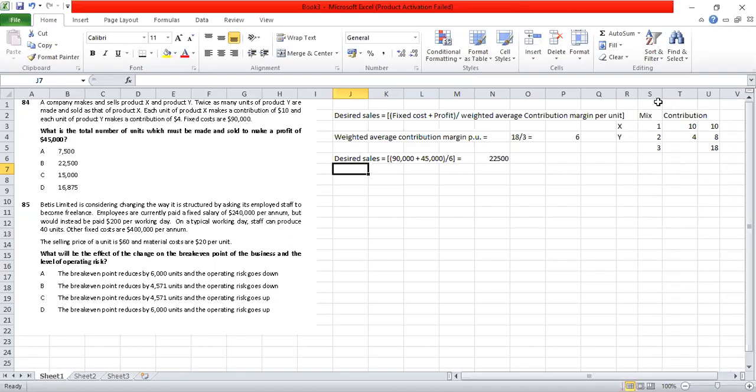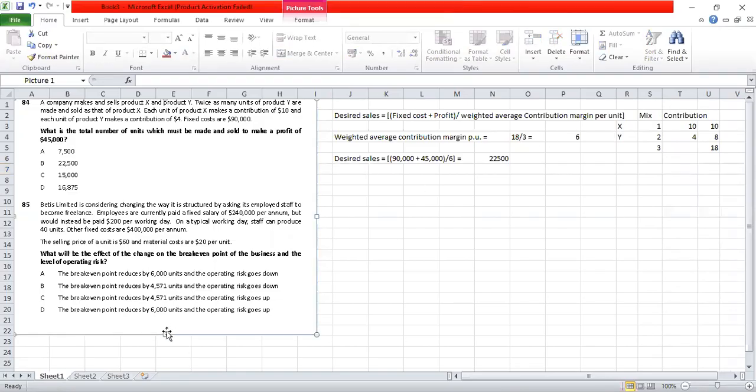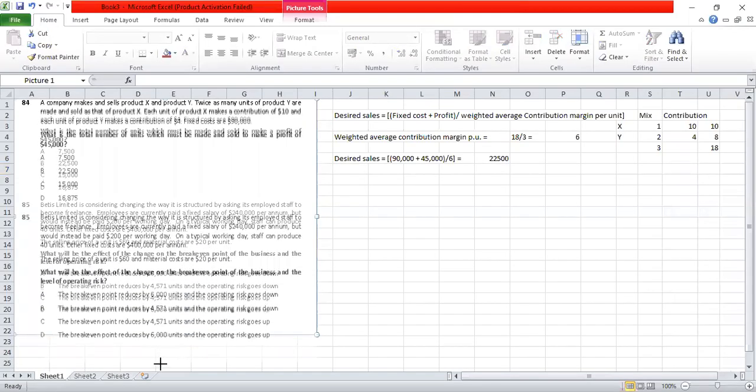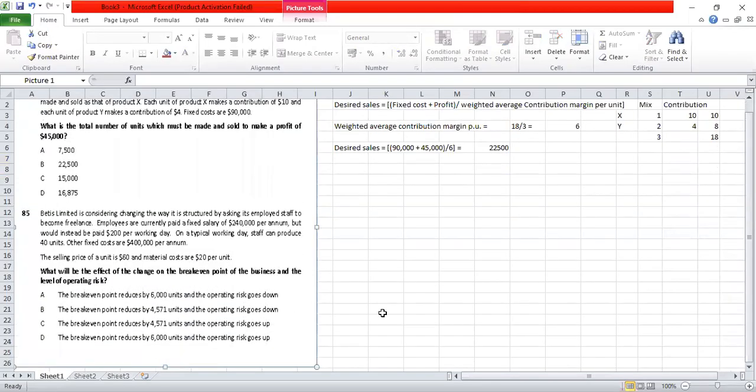Then coming to the 85th question: Betty's Limited is considering changing the way it is structured by asking its employed staff to become freelance. Employees are currently paid a fixed salary of 240,000 per annum, but would instead be paid $200 per working day.